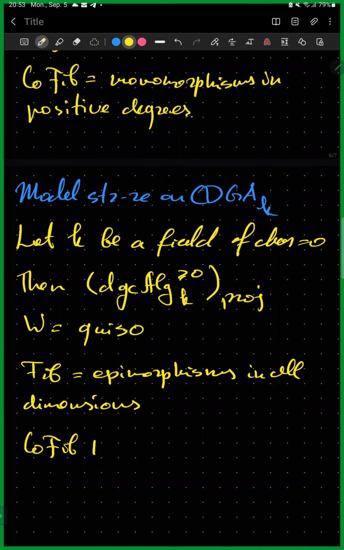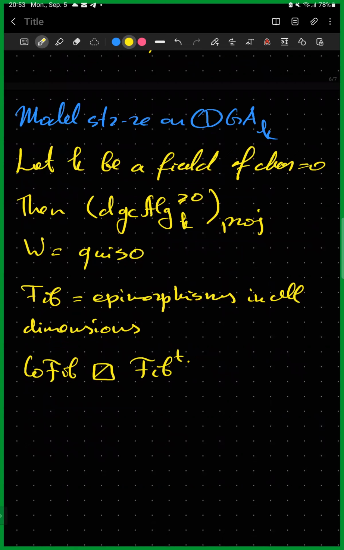So this is just the class of all maps with the left lifting property with respect to trivial fibrations. Okay. So this is obviously another example, which is quite important in rational homotopy theory. Maybe sometime in the future we will talk about this.